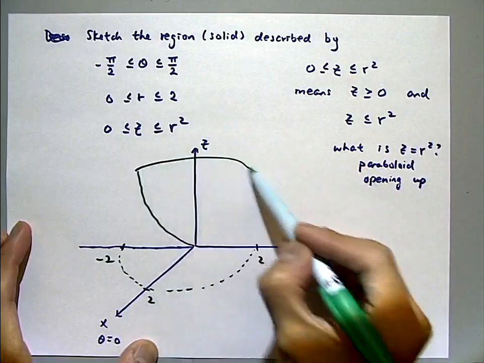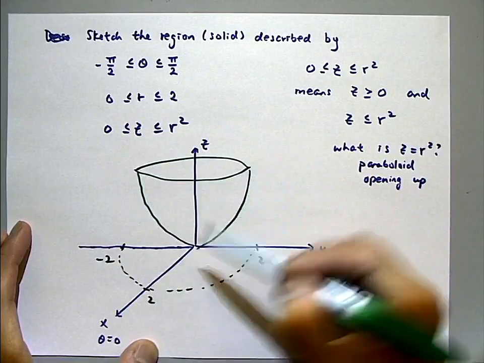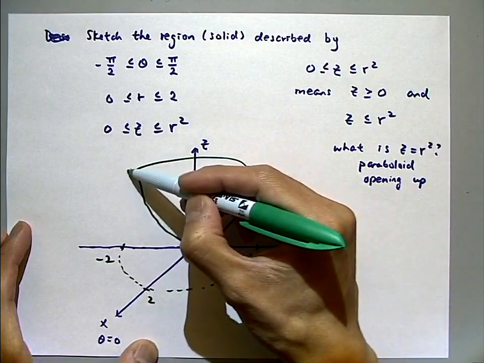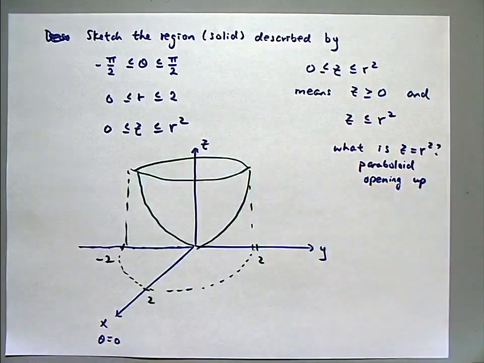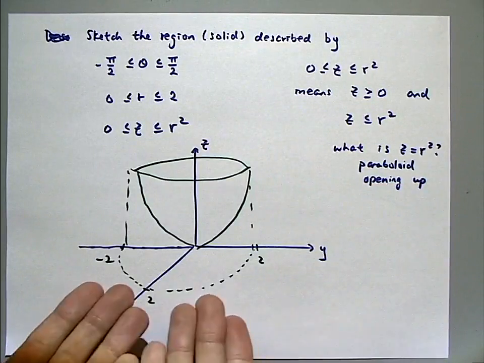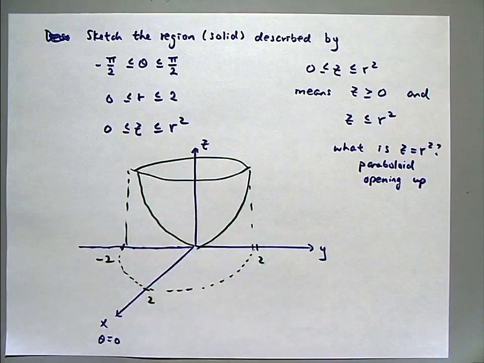All right, so this is what we got. So we want everything that's above this half circle but below the paraboloid.